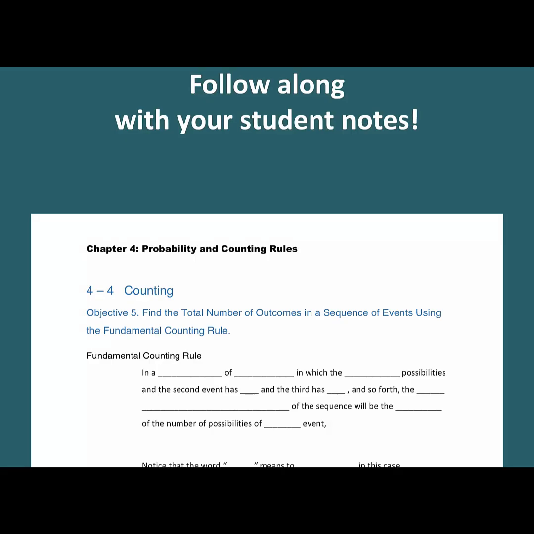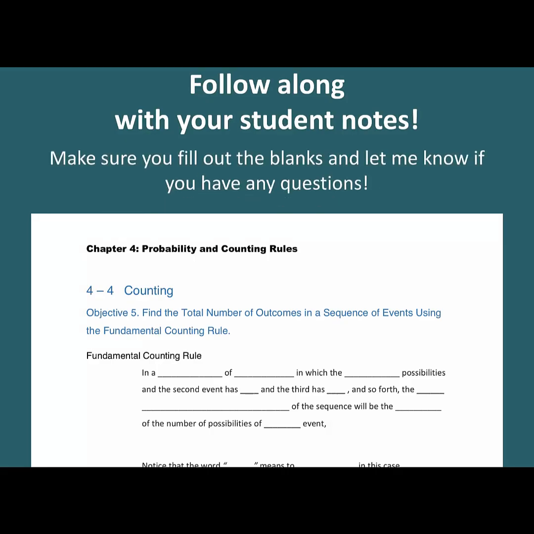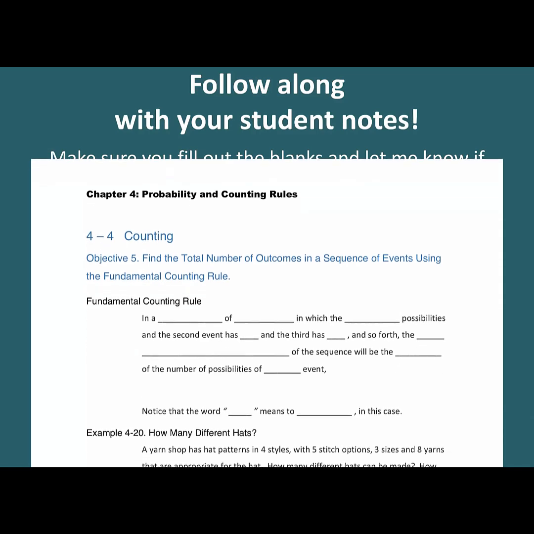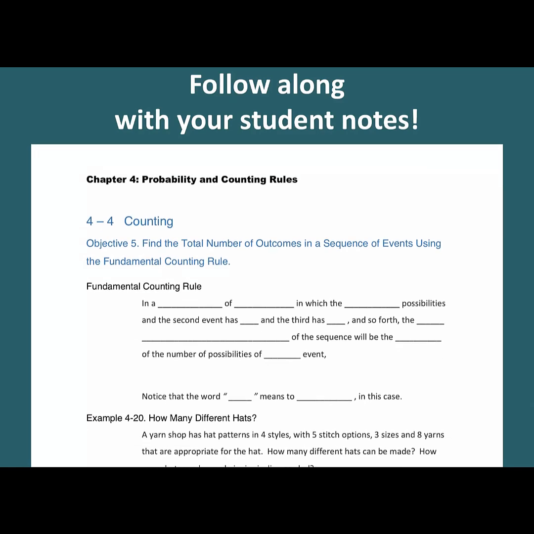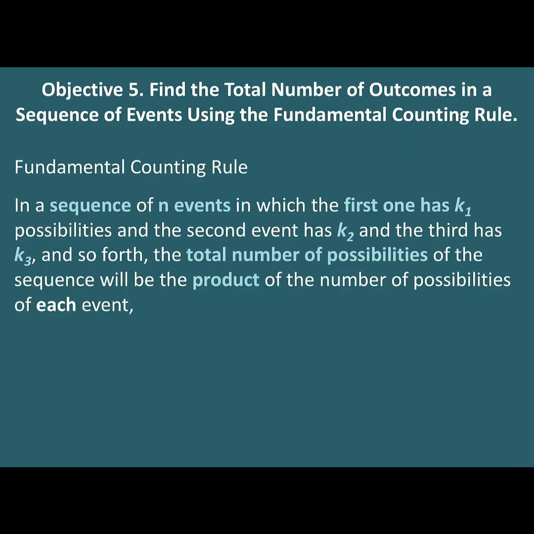Let's follow along with our notes. Fundamental counting rule. In a sequence of n events in which the first one has k sub 1 possibilities, and the second event has k sub 2, and the third has k sub 3, and so forth, the total number of possibilities of the sequence will be the product of the number of possibilities of each event.